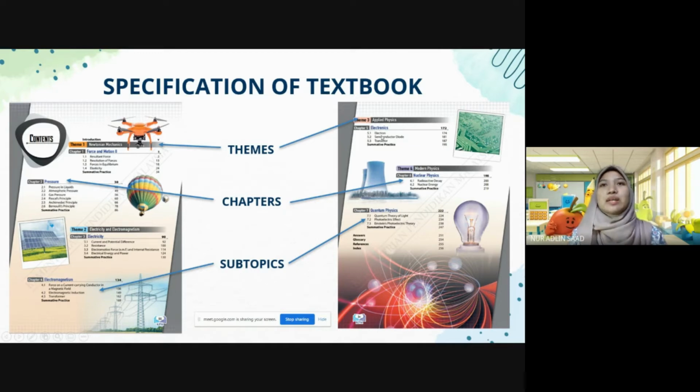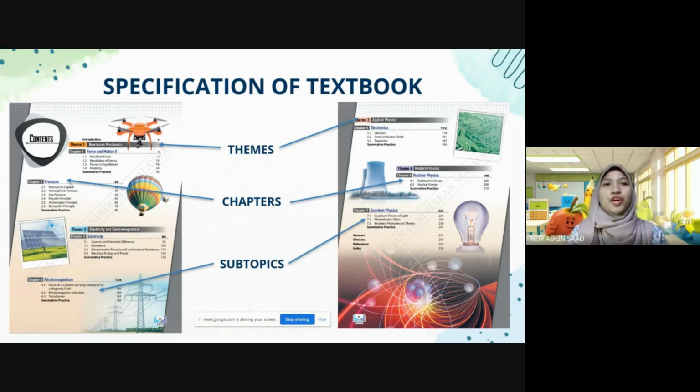But in theme 3, there is only 1 chapter. So, there is no specification in the number of chapters. Under the chapter, we have the subtopic, which is 2.1, for example, 2.3, 2.4, 2.5. It means what we are going to learn, the subtopic of the topic itself.